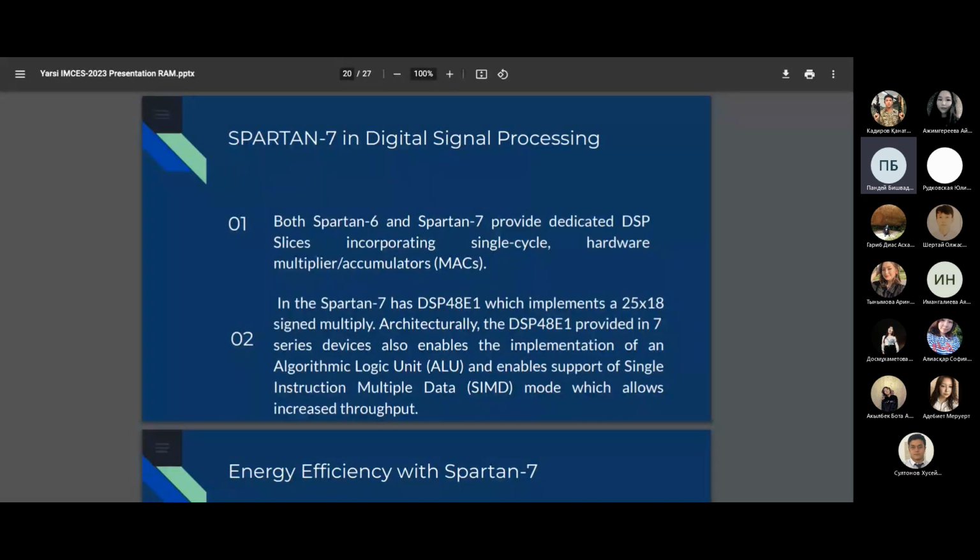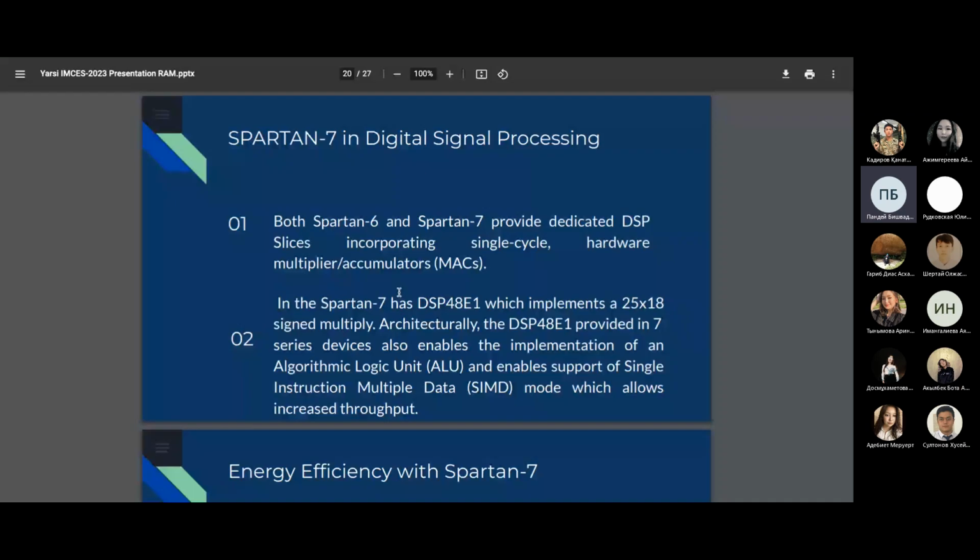Both Spartan 6 and Spartan 7 provide a dedicated DSP slice incorporating single-cycle hardware, multiplier accumulator max.